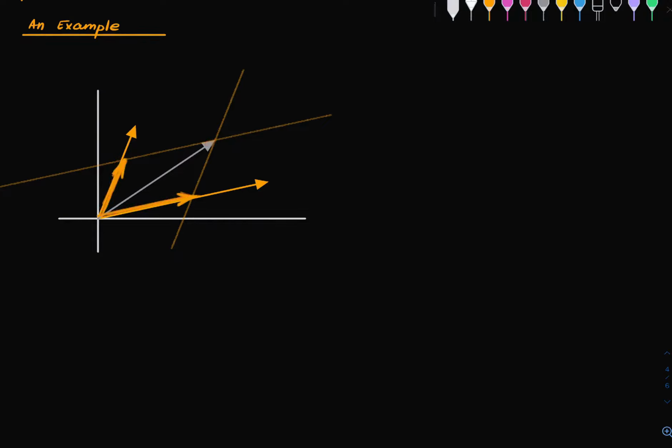Now, if this is V1 and that is V2, this is lambda 1 V1 for a suitable lambda 1, and this is lambda 2 V2 for a suitable lambda 2. Because this is just a scale of that, and this is the correct scalar which gives you this point. So this is lambda 1 V1, this is lambda 2 V2, and lambda 1 V1 plus lambda 2 V2 equals V, call it V3, just by the parallelogram law.